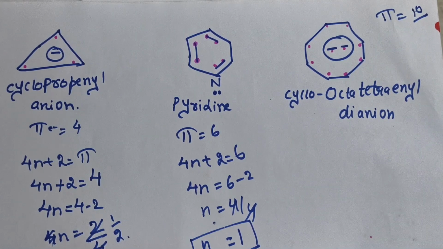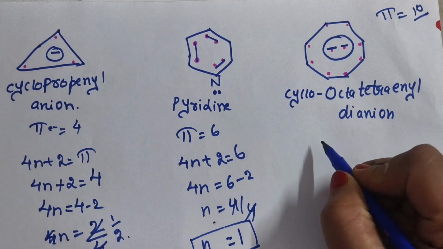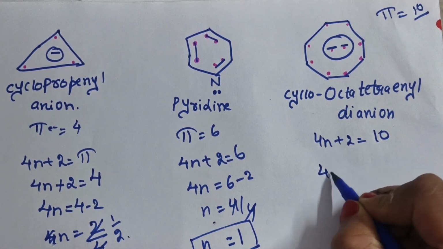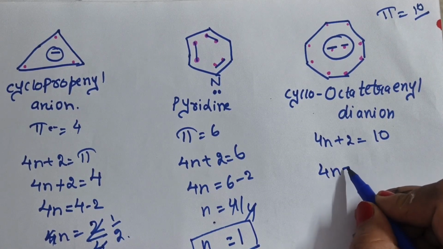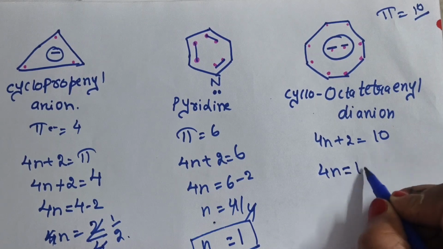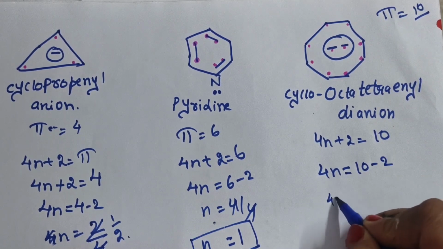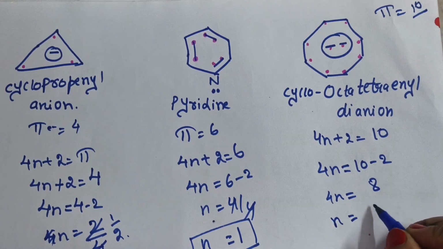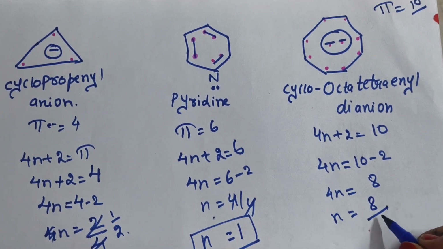So if the species has 10 electrons, let us calculate. 4n + 2 is equal to 10. So 4n is equal to 10 minus 2, which is 8. So n is equal to 8 by 4.